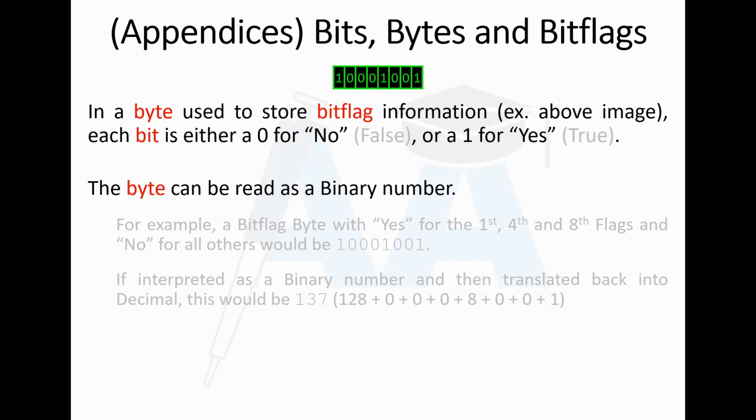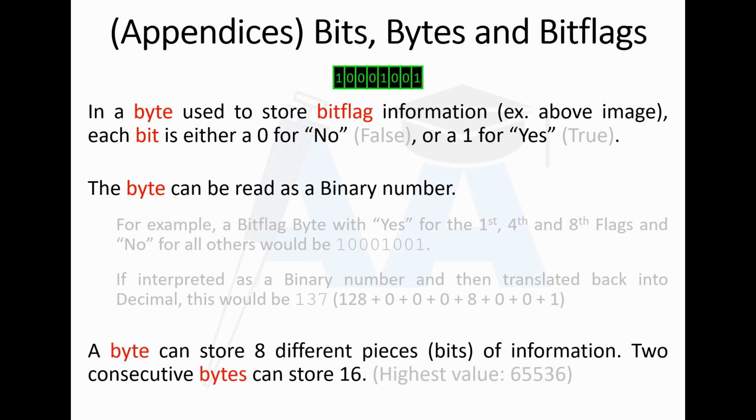If interpreted as a binary number and then translated back into decimal, this would be 137, which can be broken down into 128 plus 0 plus 0 plus 0 plus 8 plus 0 plus 0 plus 1.